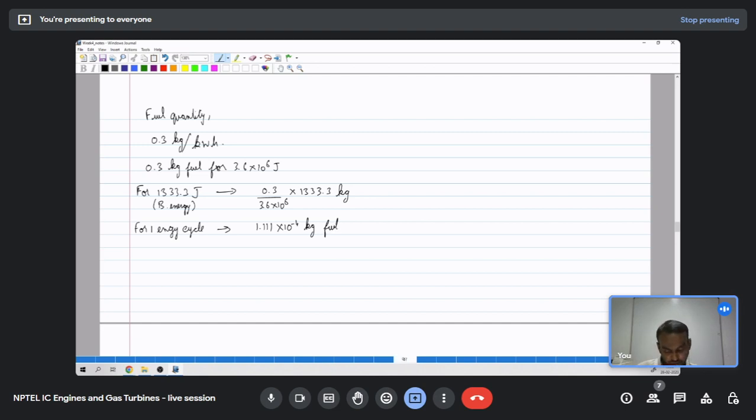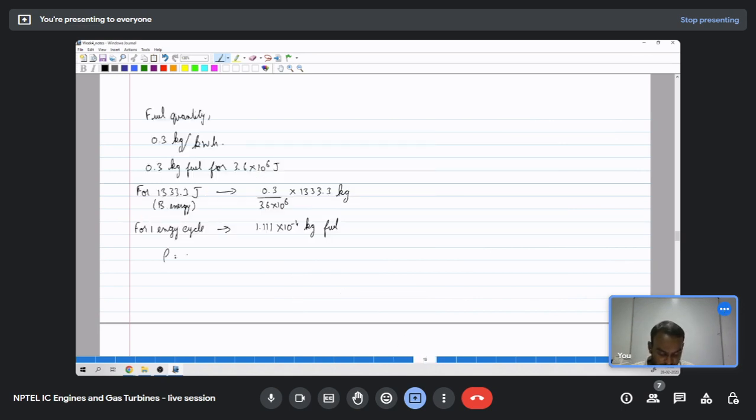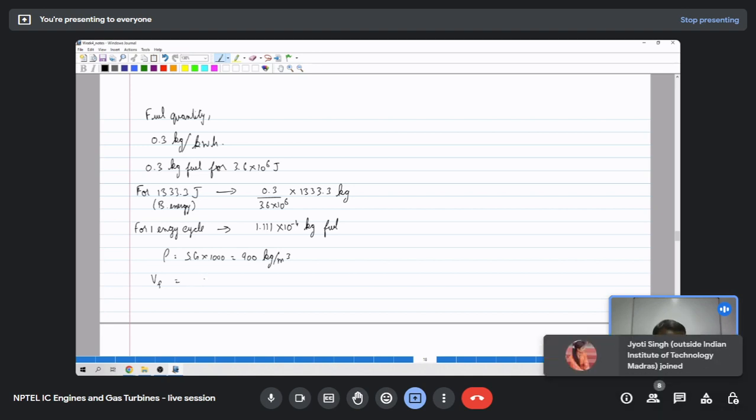And the specific gravity of the fuel is given, so that means density is specific gravity into 1000, which is 900 kilogram per meter cube. Now we can calculate the volume of fuel. Volume of fuel for every cycle is mass divided by density, right?